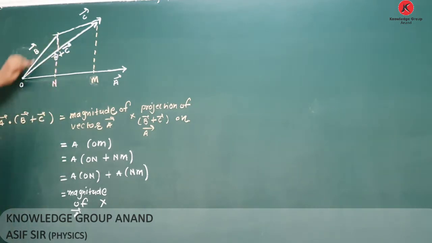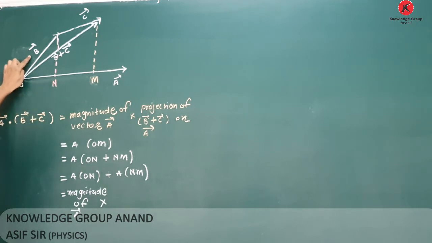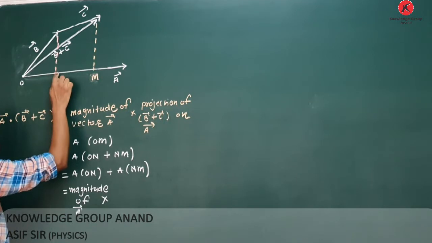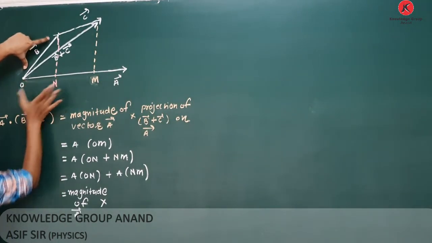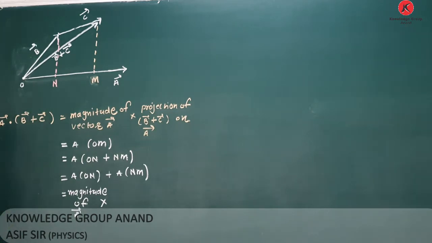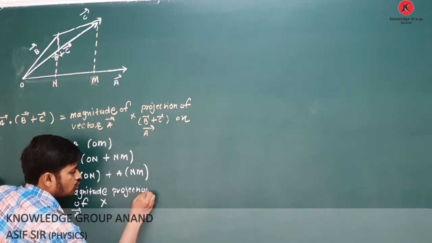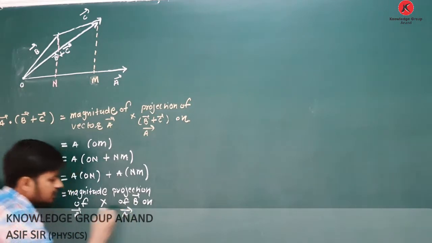Just see, from the head of vector B, it is the perpendicular on vector A. So this ON is called the projection of vector B on A. This end point is from the head of vector B. So ON is replaced by the projection of vector B on vector A. Clear about this?